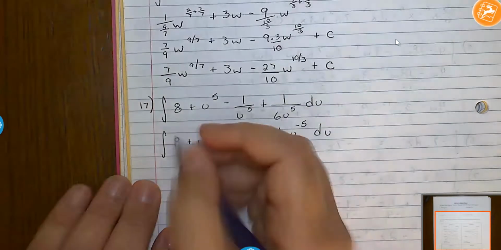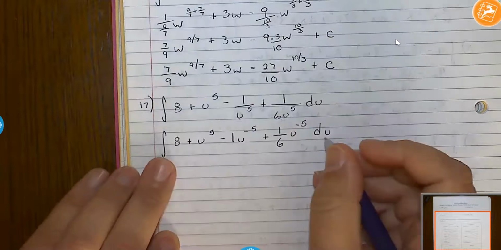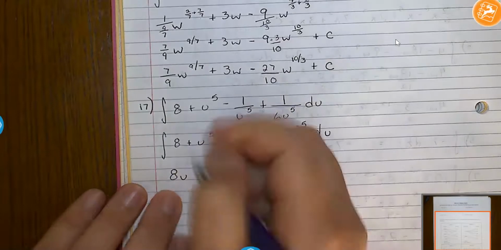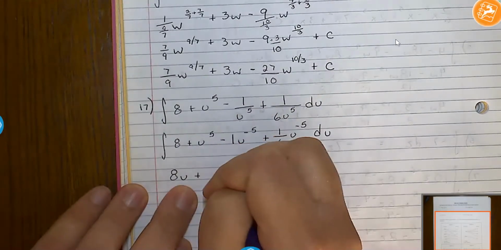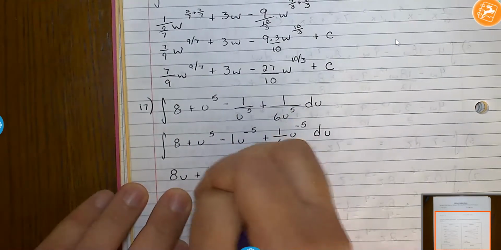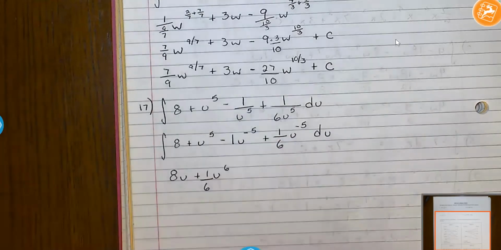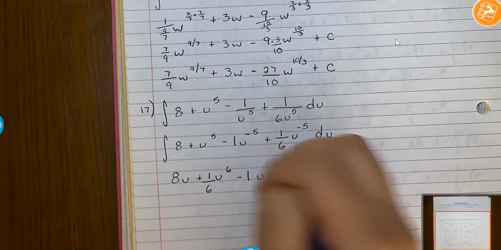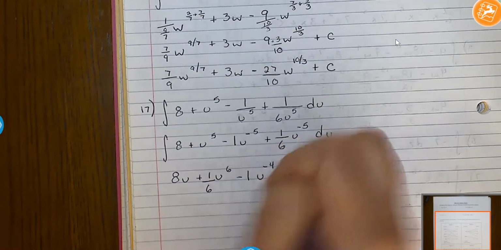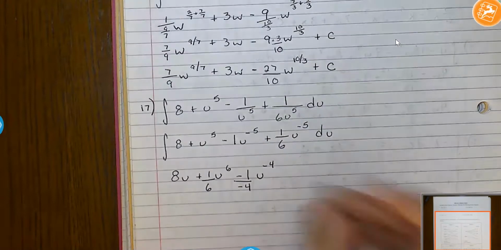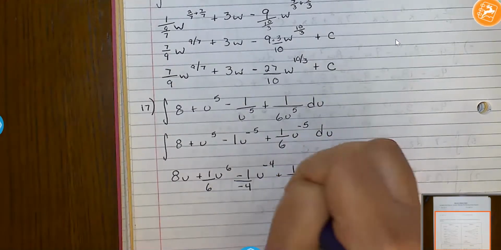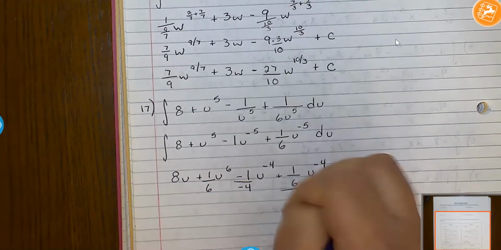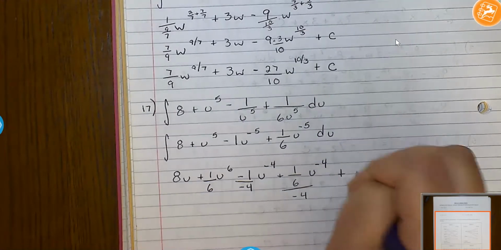All right, so now when I take the integration of this, that u tells me what the variable is. So this is going to be 8u plus u to the sixth divided by 6. So that'd be 1/6 u to the sixth minus 1u to the negative fourth divided by negative 4 plus 1/6 u to the negative fourth divided by negative 4 plus c.